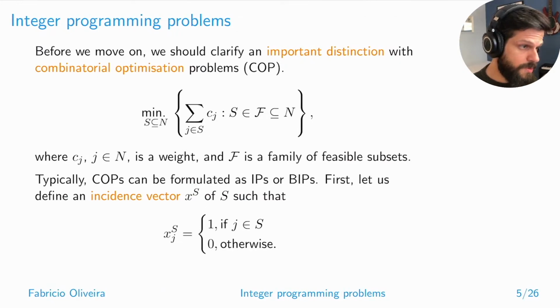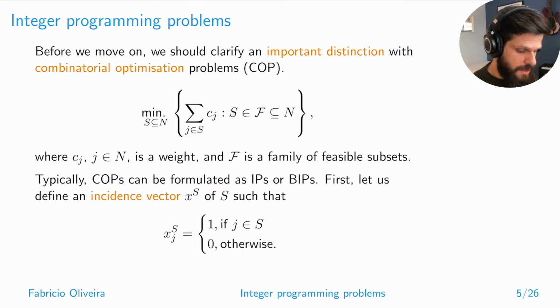Integer programs more specifically. The connection between combinatorial optimization problems and integer programs is bridged, if you wish, by the notion of having variables that represent incidence vectors.